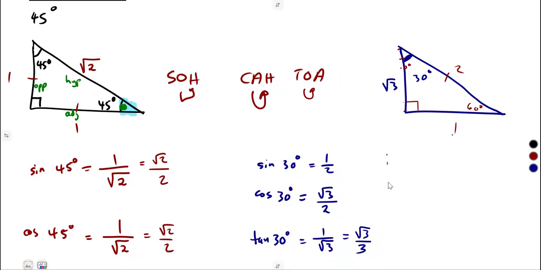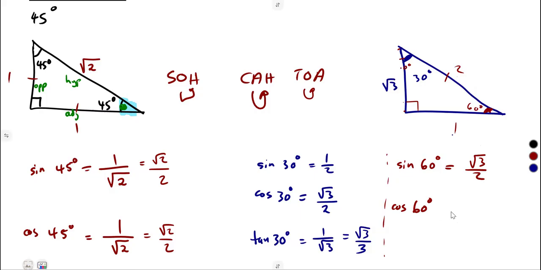And we can also tell that same thing for the 60 degrees. Sine of 60 degrees, what do we have? According to 60, this is our opposite over the hypotenuse. So square root of 3 over 2. The cos of 60 degrees, according to 60 degrees, our adjacent is this one.